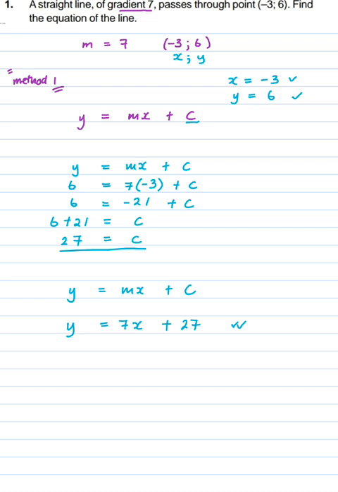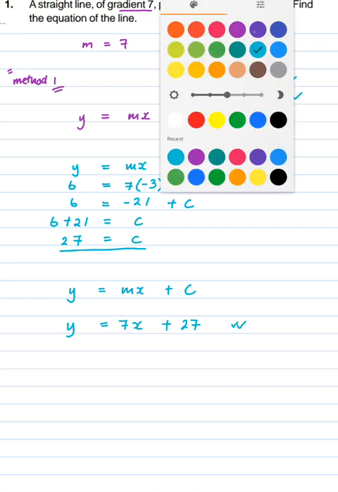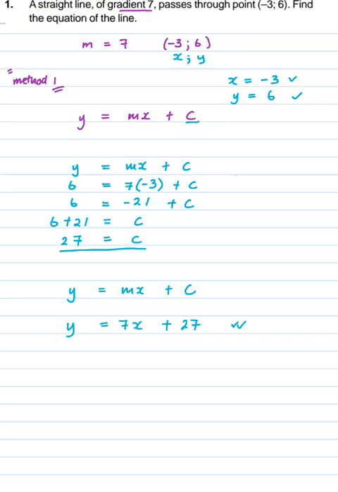After getting c, we go back to y is equal to mx plus c and substitute m and c. So first we have x, y and m to substitute, then on the second step we substitute only m and c to get the equation.